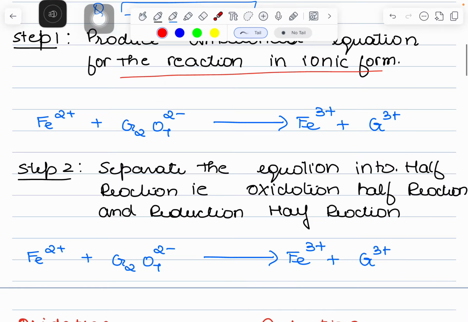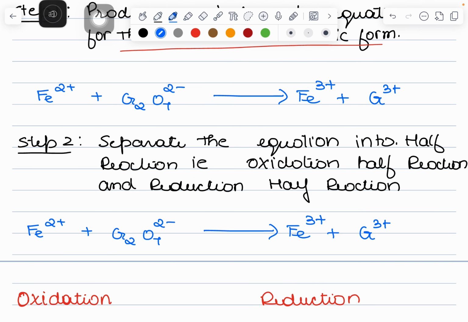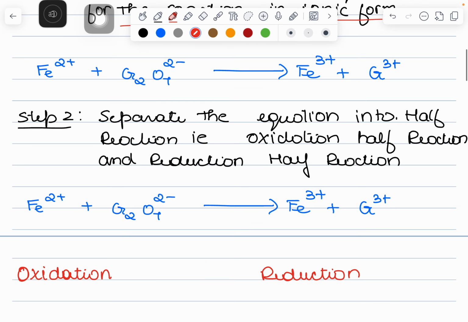So once we have written this, what is the second step? The second step is to separate the equation into half reactions, that is the oxidation half reaction and the reduction half reaction. We all know what a redox reaction is: reduction and oxidation taking place simultaneously.